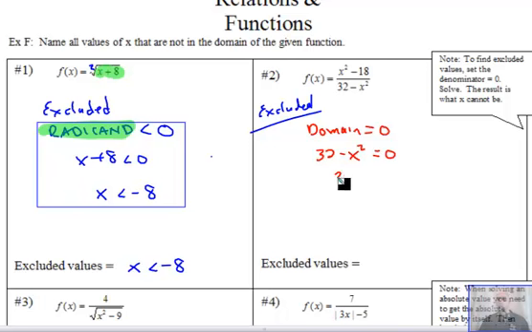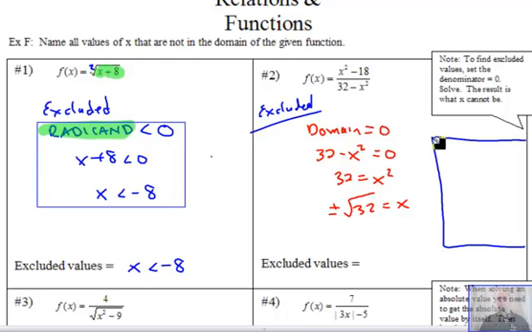If I add x squared to both sides, square root both sides, when you take an even root, it's plus or minus. I'm going to have plus or minus the square root of 32 equals x. This radical can be simplified. You do not have to show the work for how to simplify it, but you do have to do it.